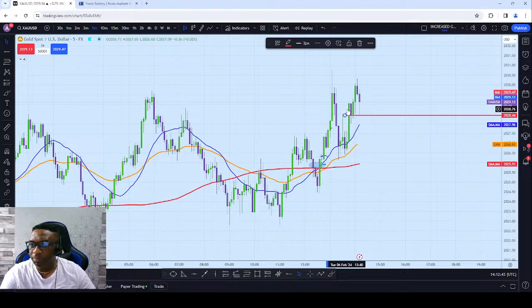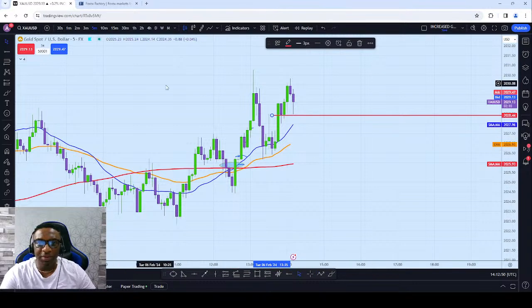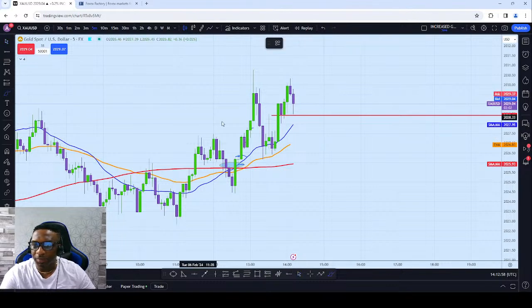Yeah, so over here, this is the 5 minute chart. The first buy entry would have been here, as price took out this last purple candle somewhere here.